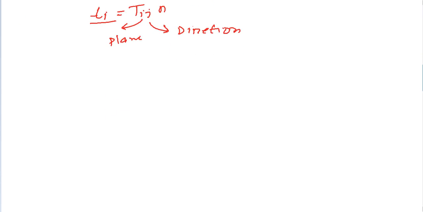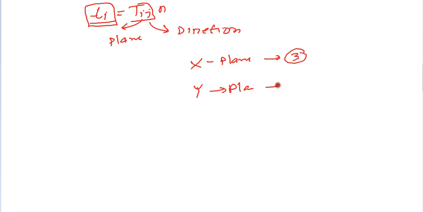So we have three applied stress vectors. If you want to describe any state of stress of a cube in three dimensions, we need three planes: x plane, y plane, and z plane, and along these planes are the stress vectors. In the x plane we get three components. In the y plane we get three components: one normal and two shear.